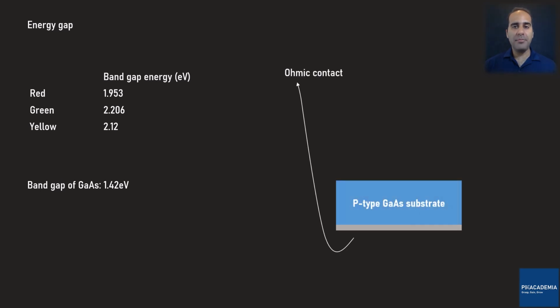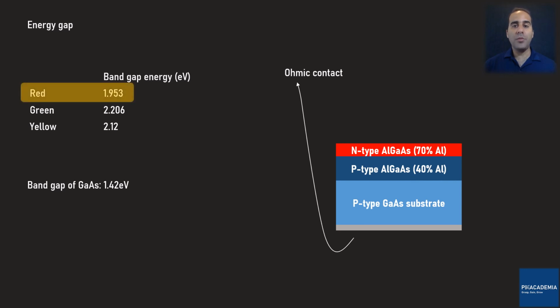Then I put a p-type gallium arsenide layer that acts as the substrate. Then I add a p-type gallium arsenide alloy that has 40% aluminum. On top of it, an n-type gallium arsenide alloy containing 70% aluminum comes. This combination of semiconductor layers will give us a band gap of 1.953 electron volts and therefore the red light.